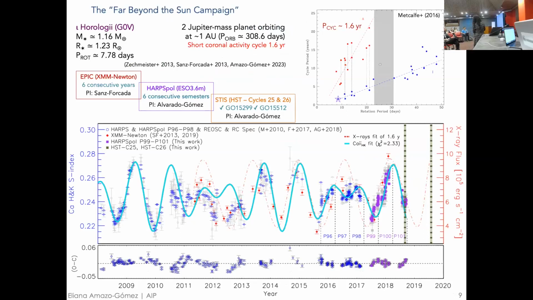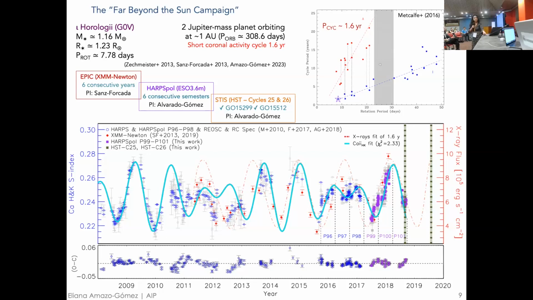In this Vaughan-Preston diagram, the star is located at the base of the cycle-rotation period relation, where we have a non-active and an active branch, and it's very important to understand the base of this diagram. Iota Horologii is also a very close analog of the Sun. It's around 600 million years old and has a very short coronal cycle that we followed for around 6 years.